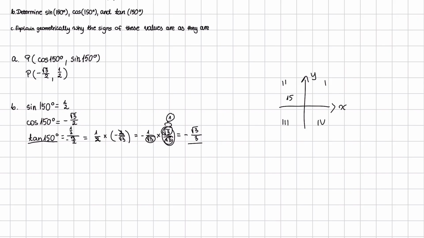And here we have 150 degrees, and in here our x is less than 0, so the cosine is negative, you have to remember it, and y is greater than 0, so sine is positive.